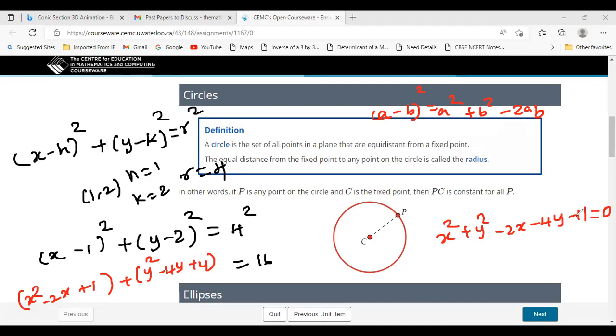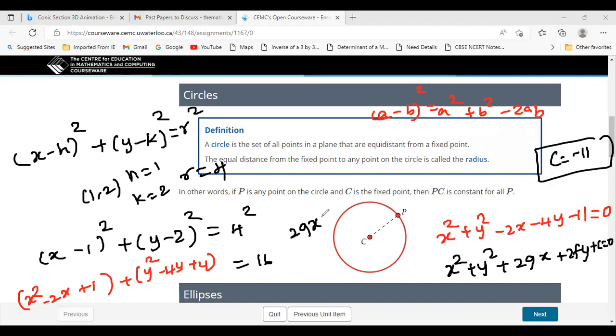And you asked me what is that f and g and all that. So now you can correlate this. x square plus y square plus 2gx plus 2fy plus c equal to 0. So c is nothing but a constant, and 2g means coefficient of x, which is minus 2.